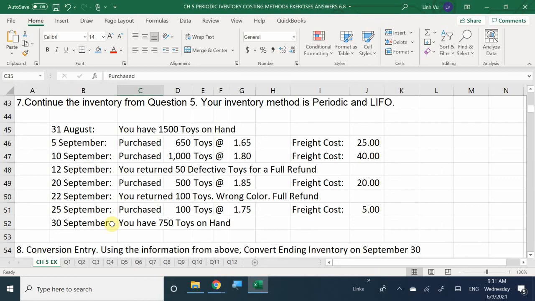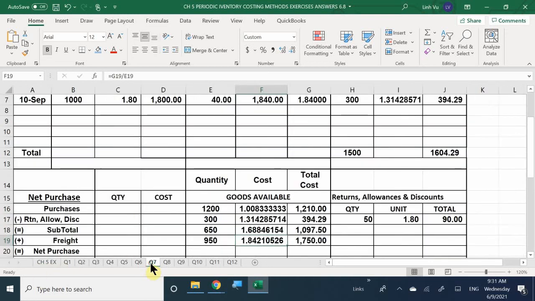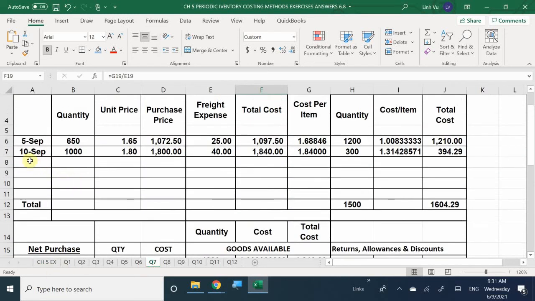You purchased 500 toys at $1.85 on September 20th, and $20 freight.